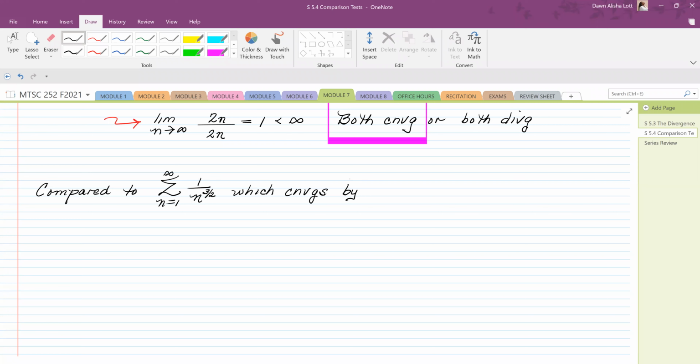You're right, it's a P series, with P equal to 3/2.